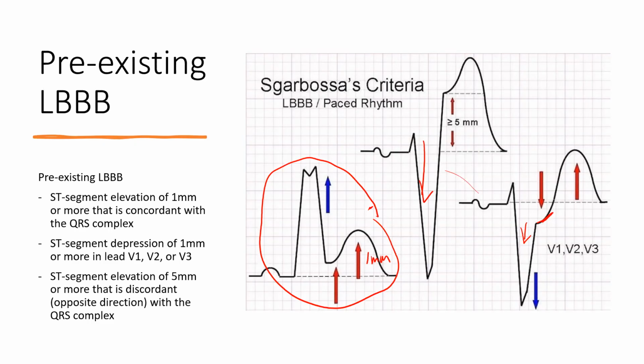But if it's greater than 5 millimeters, then you can suspect that it's probably of an ischemic cause. And oftentimes, if a patient doesn't have a history of left bundle branch block, if it's in the setting of a new bundle branch block and they've never seen it before, that's also equivalent to a STEMI as well.